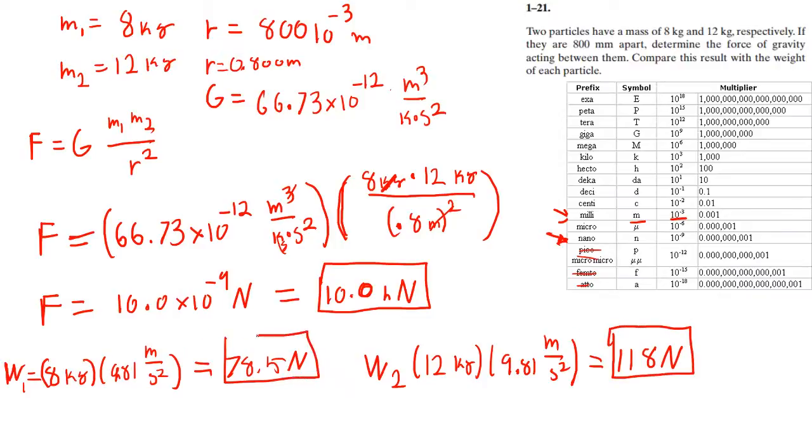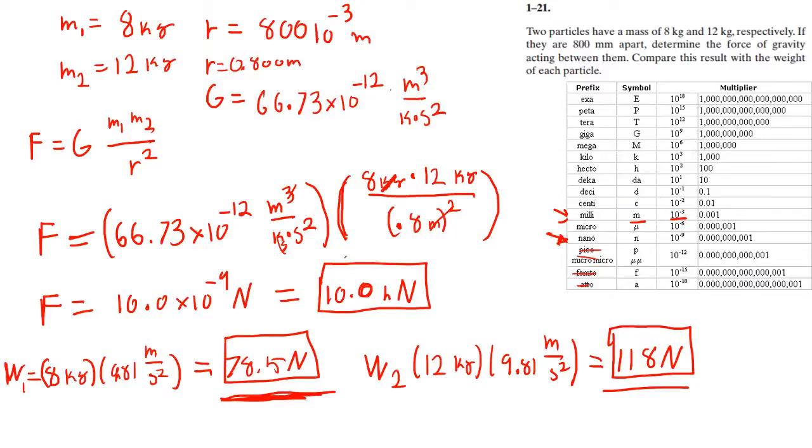So look at all this. The Earth is exerting this much force on these guys. And as we know, their centroid and the Earth's centroid are very far apart. These guys are literally right next to each other, 800 millimeters apart, almost 1 meter.